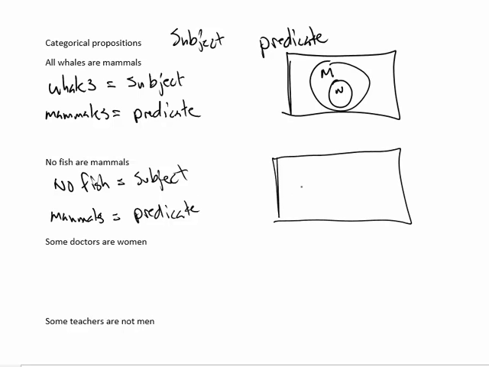And we've seen this via Venn diagram as well. We have the set of fish, we have the set of mammals, and there is no overlap between them. These are disjoint sets.